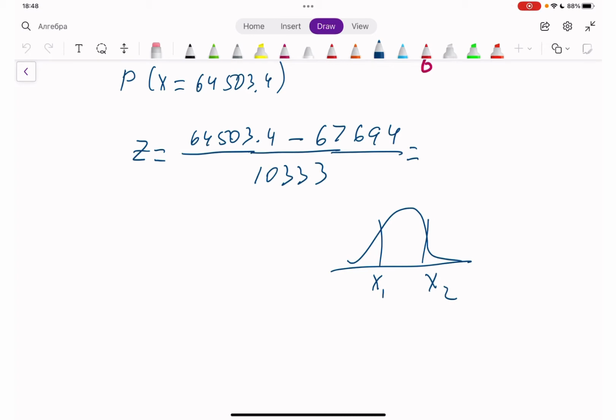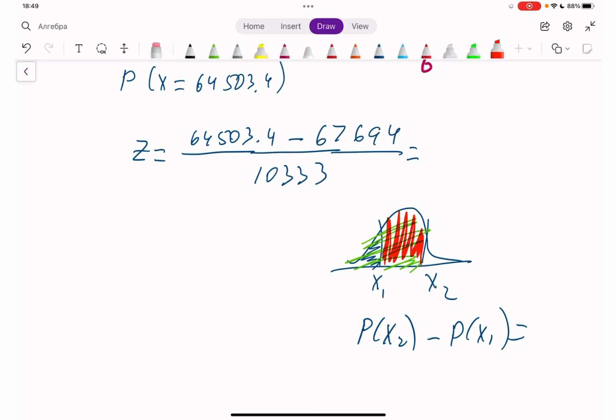So I need to find the probability for x1, and then the probability for x2. And then if I take the probability of x2 minus the probability of x1, I will get the result, which is going to be this area, between x1 and x2.